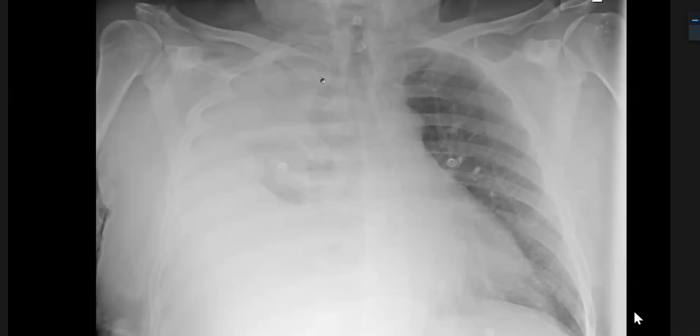Right CP angle is blunted. Left lung appears normal. I will compare these findings with the previous X-ray, if available, and ask the history of the patient's exposure as an industrial worker to exclude underlying mesothelioma.